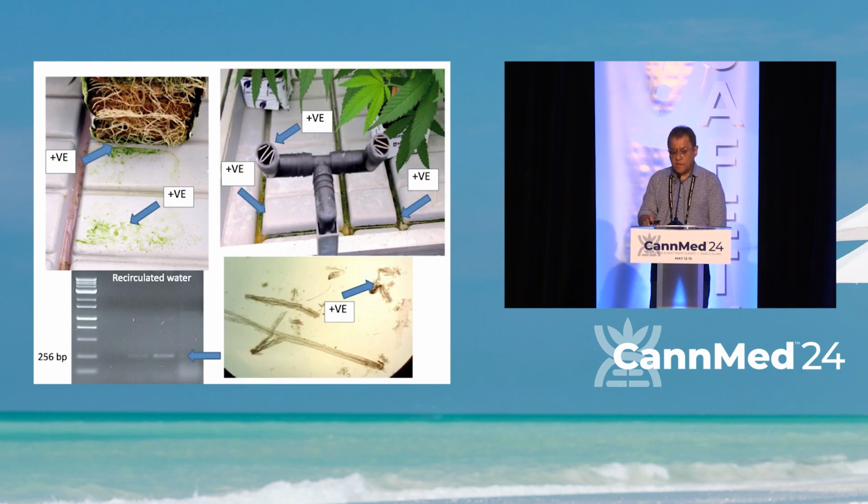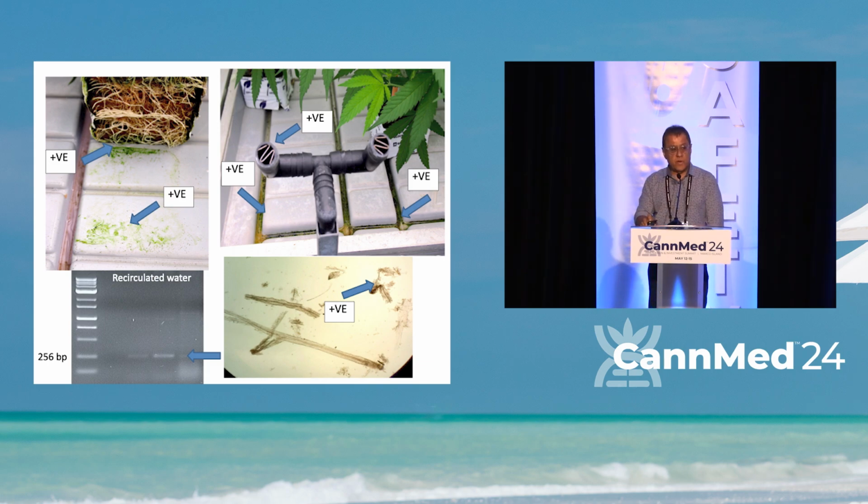We've also detected hop latent viroid in many places in the growing facility. This area here under the root zone on the table contains hop latent viroid. These emitters on the irrigation system have hop latent viroid, and certainly root fragments that come off the plants have hop latent viroid. Recirculated water, as I'll show you in the next slide, also has presence of the viroid.